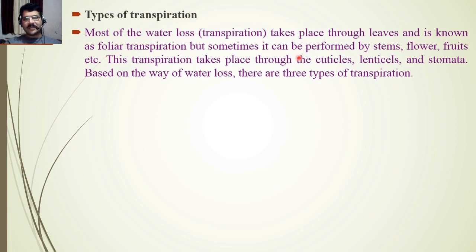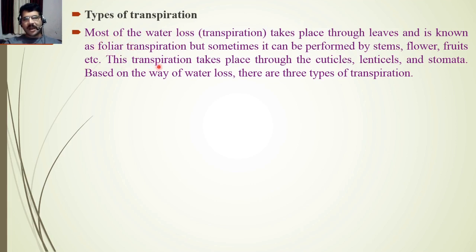But sometimes transpiration can be performed by other organs too, that is stem, flowers, fruit, etc. Still, the majority of transpiration takes place through the foliar route, that is through the leaves.